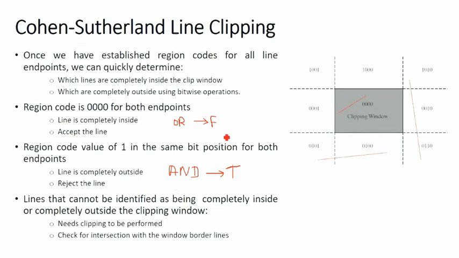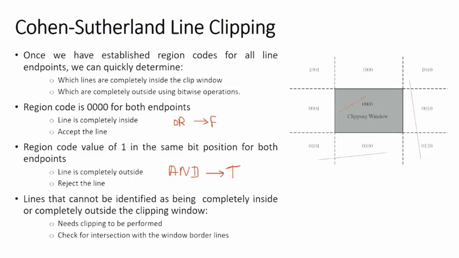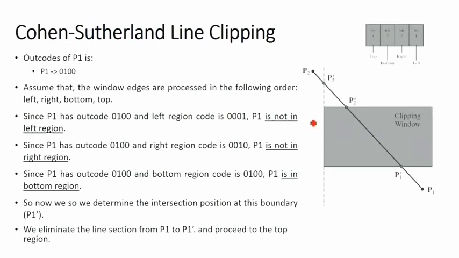So if both these cases fail, then I need to go and compute my intersection points. For that, I consider one point. First, let us say I'll consider this. Then I'll go and see in which region that point is in.